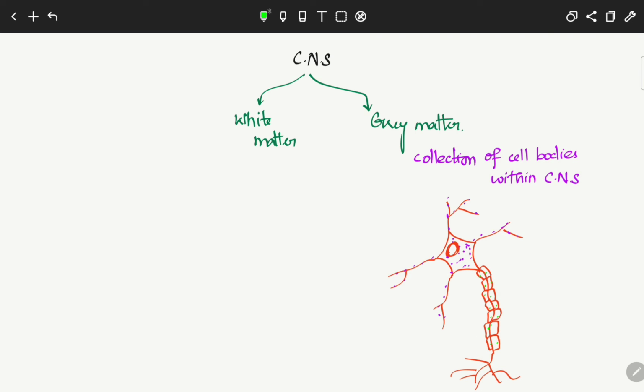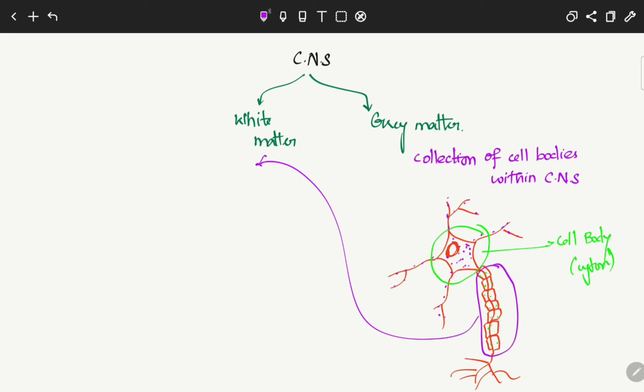So the collection of cell bodies, as I already mentioned, this is the cell body of a neuron, right? So the collection of cell bodies within the CNS forms the grey matter. Then what forms the white matter? The collection of axons within the CNS forms the white matter.